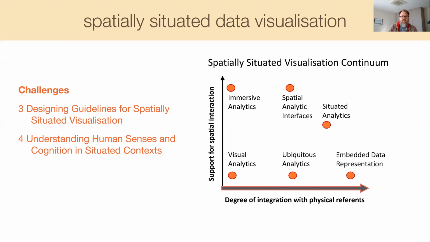Likewise on the x-axis, there's this assumption that integrating data with the physical referent, as I showed in the Corsica Twin project, is beneficial, but there are some potential trade-offs. One might be more intuitive to have this embedded representation, but maybe you have a more limited, we call it a bandwidth of information that you can see in that visualization. So maybe it's more limited in terms of what it represents.